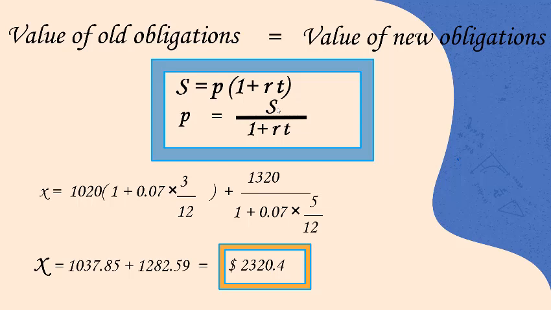So the value of 1020 equals 1037.85 and the value of 1320 equals $1,282.59. By adding the values of the two payments to each other, X equals $2,320.4.